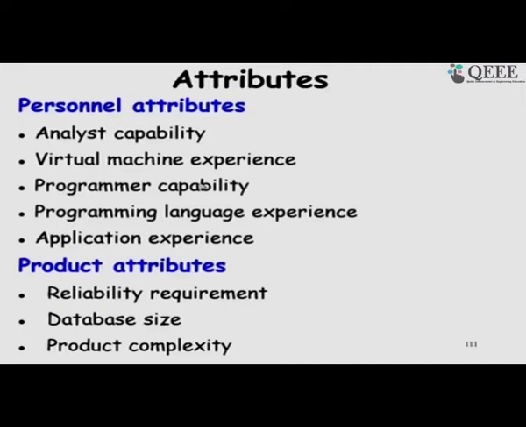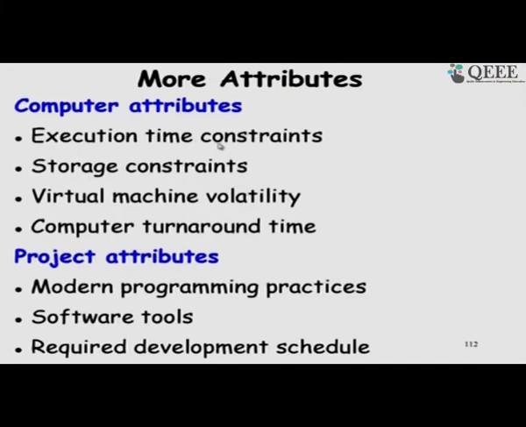Programmer capability, language experience: is it a C project and they already know C, or they are not very familiar, they are only Java programmers; application experience, etc. Product attributes like reliability, database size, product complexity, and then computer attributes, execution time constraint.